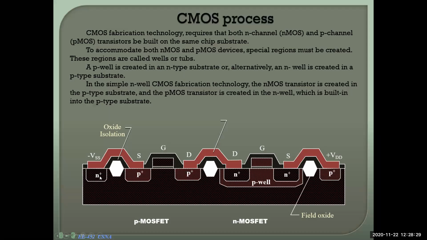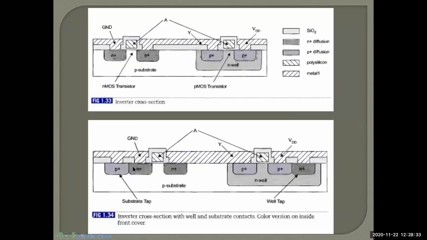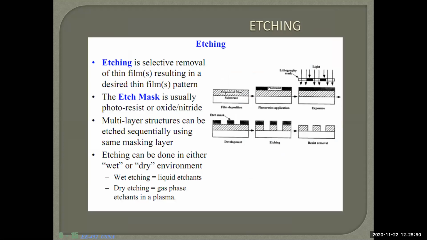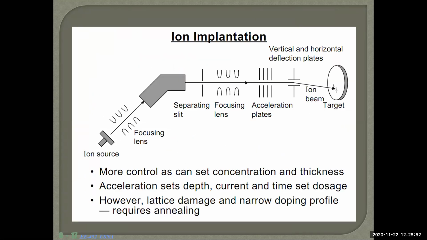Here, this is called N plus, this is called P plus. This is N. These N plus and N are not the same, because N plus has more ions, N has fewer ions. So there is a difference between ions in the same material. So this is called ion implantation.